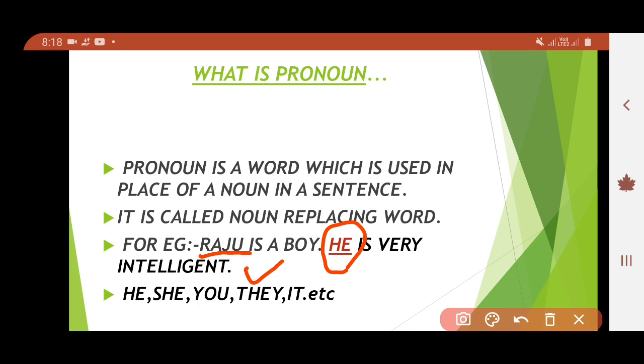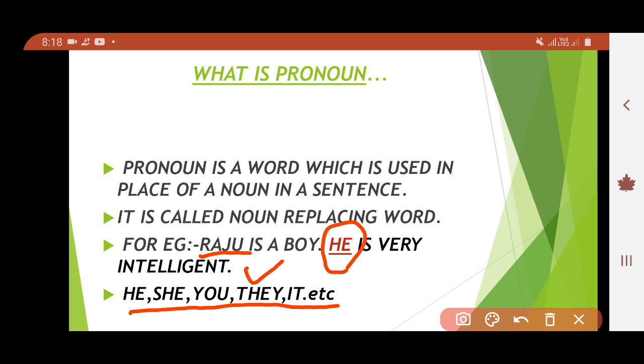We are not using Raju again, but instead of Raju we are using he. So he here is the pronoun. Like he, we have several examples of pronoun. You can see here, I have mentioned it, that he, she, you, they, it, etc.